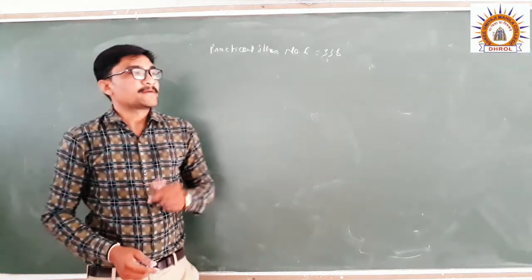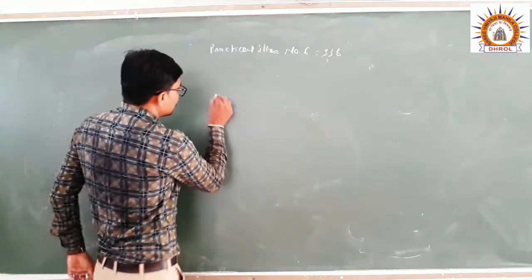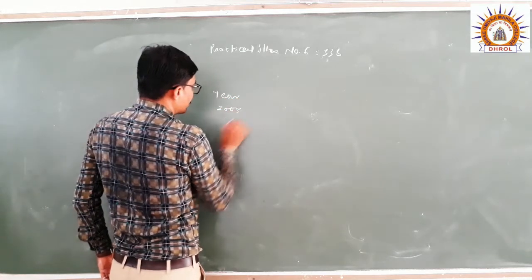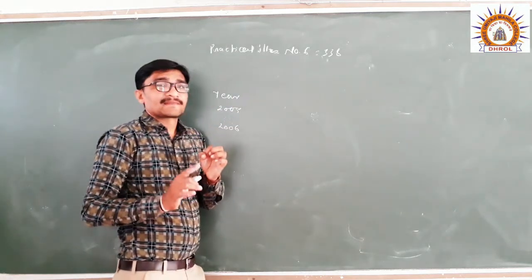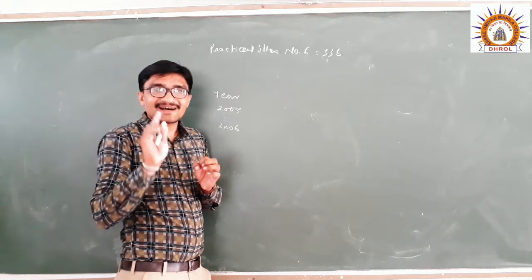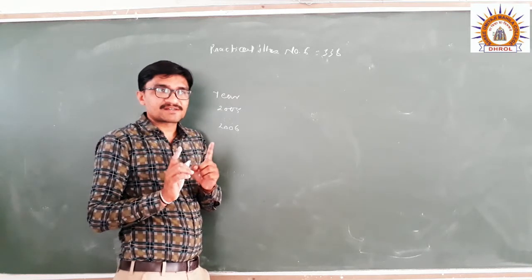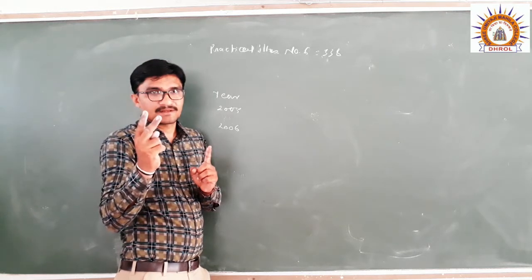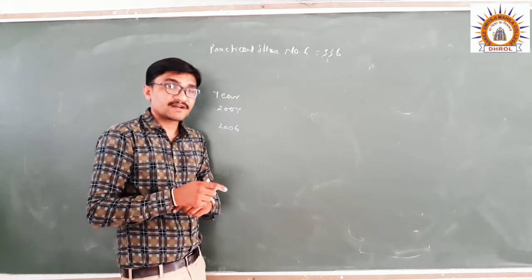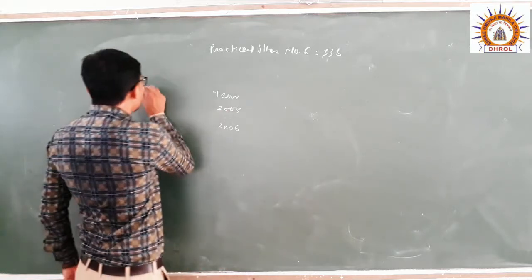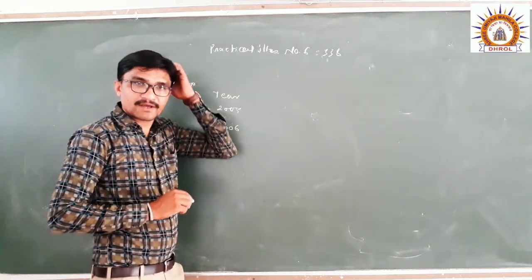If two years' information is given, suppose years 2005 and 2006, and you are asked in the exam to calculate the PVR, the PVR is calculated by way of two formulas. If two years' information is not given, the simple formula for PVR is C upon S multiplied by 100.